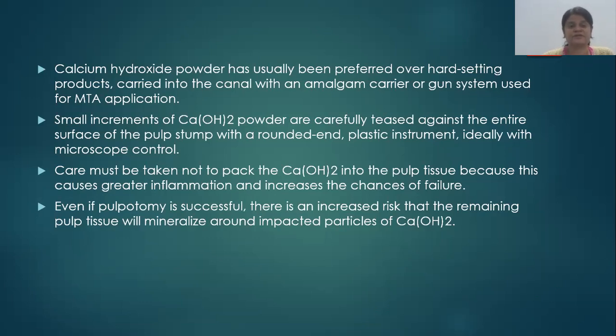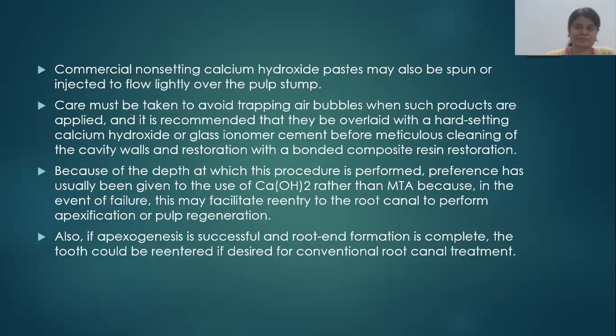Even if the pulpotomy is successful, there is an increased risk that the remaining pulp tissue will mineralize around the impacted particles of the calcium. Commercial non-setting calcium hydroxide paste may also be spun or injected to flow lightly over the pulp stump.